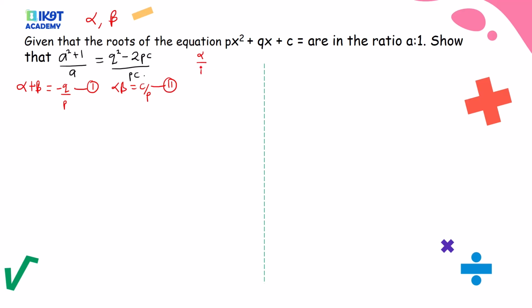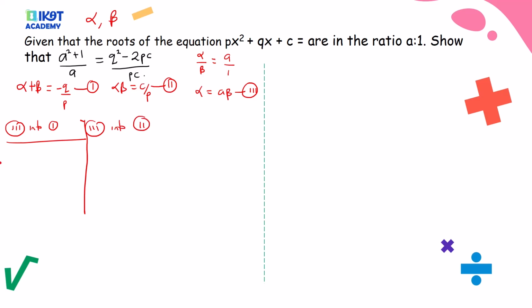So alpha out of beta is equal to a to 1. So alpha is equal to a beta. We call this equation 3. So we're going to substitute equation 3 into 1, and we also substitute equation 3 into 2. So what is 1? Alpha plus beta is equal to negative q out of p.